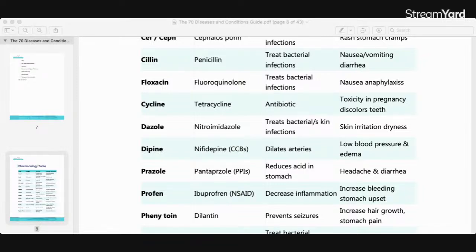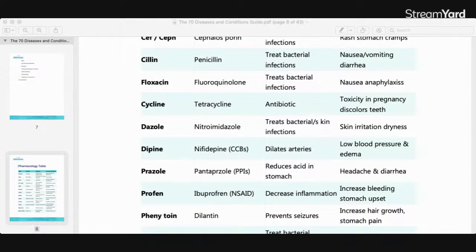It helps to reduce acid in the stomach, and side effects that can occur would be headache and diarrhea. Very rare though. It's a very rare side effect, to be honest.